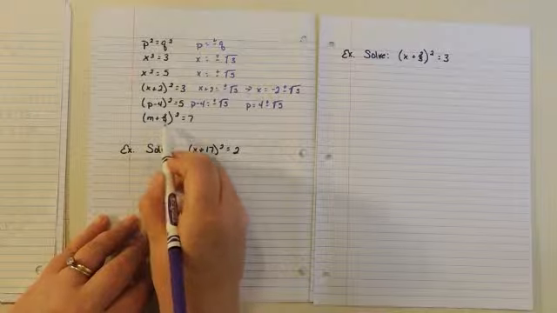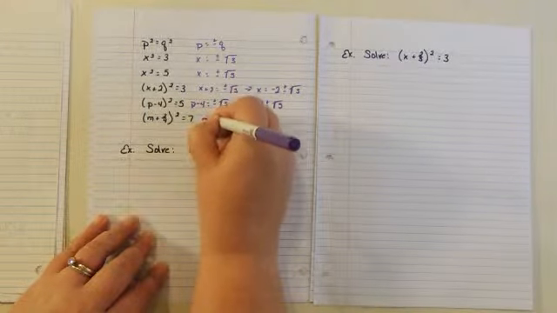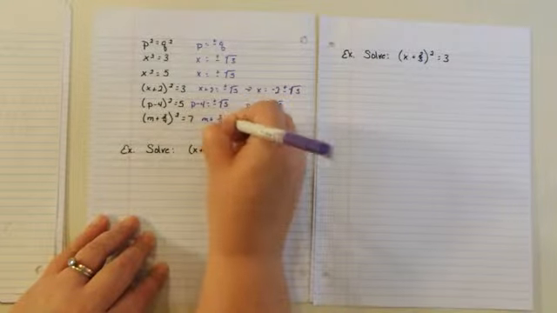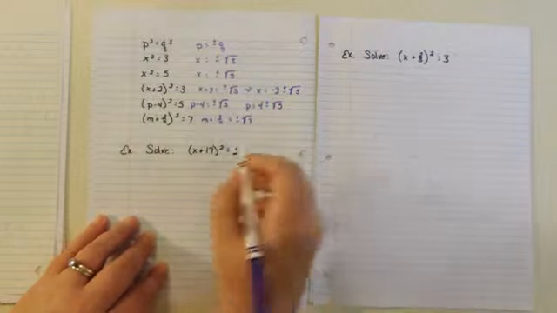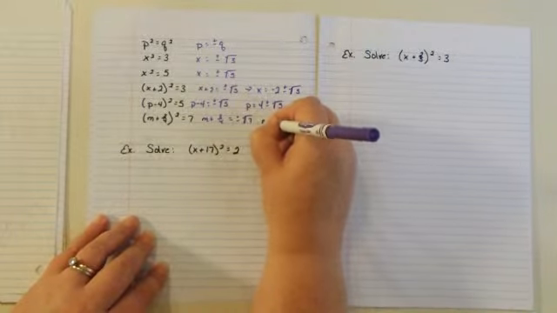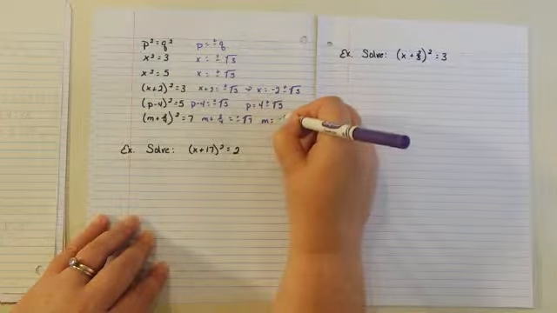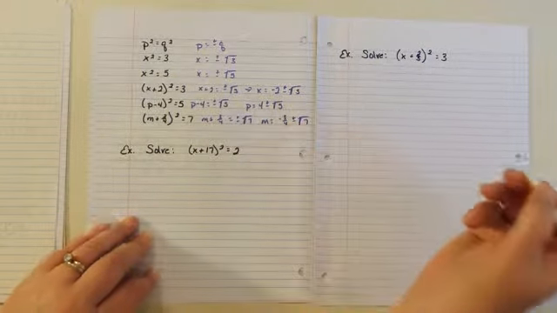If m plus 3/4 quantity squared equals 7, then m plus 3/4 equals plus or minus the square root of 7. We subtract 3/4 from both sides to get m by itself, and m equals negative 3/4 plus or minus the square root of 7.